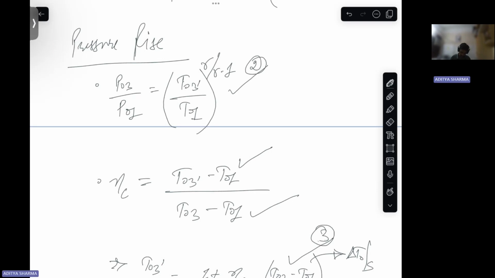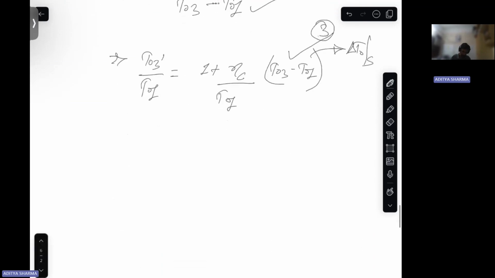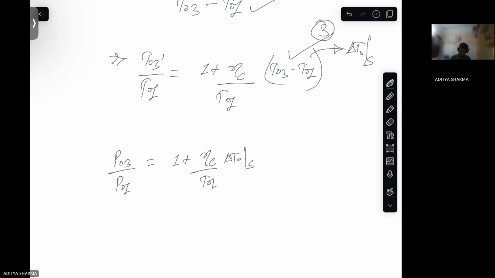So if you place 1 and 3 in 2, then you get P03 by P01, which will come out to be something to the power gamma by gamma minus 1.